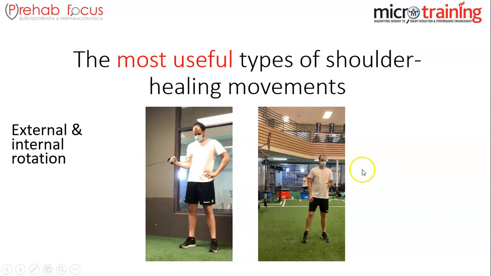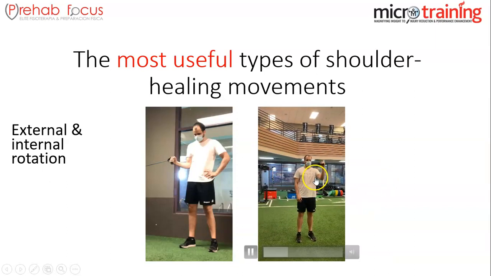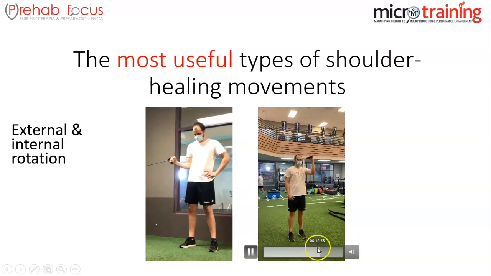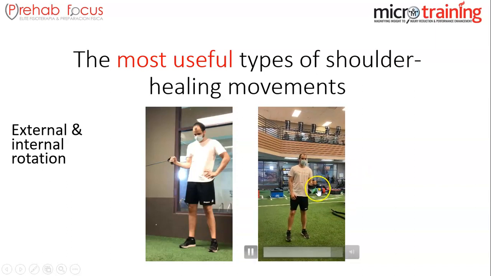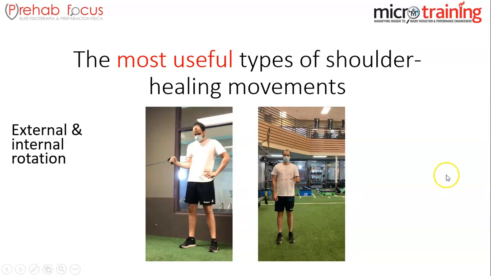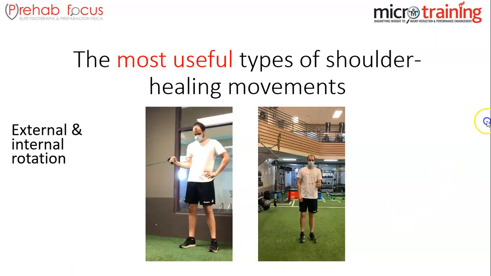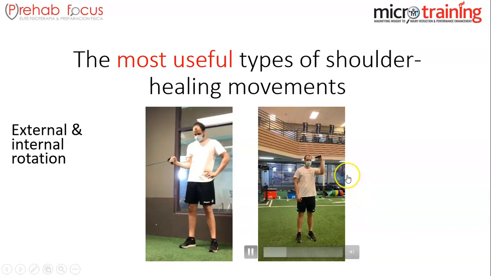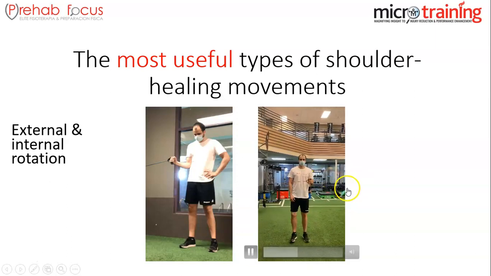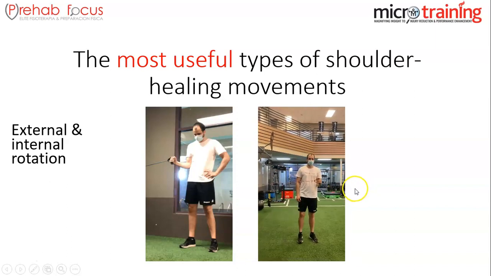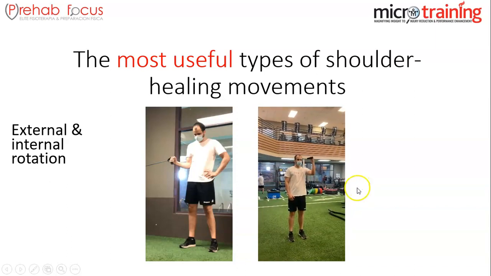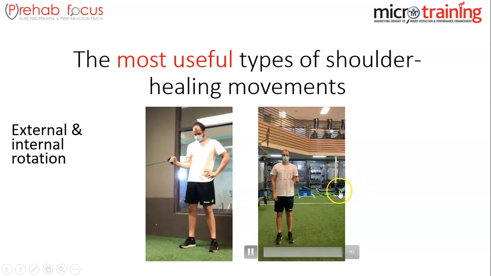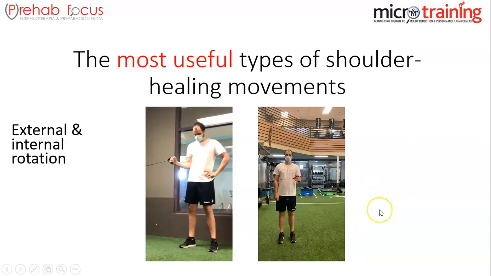Or here we have isolated external rotation during isometric first, bilateral steps, doing lateral steps, and then placing the arm overhead and holding 90 degrees in the elbow consistently. By doing that, we are changing the angle a little bit, so it's very useful to change, not to do the same angles non-stop, from the shoulder joint health and joint health in general, and injury prevention standpoint, as well as rehab.